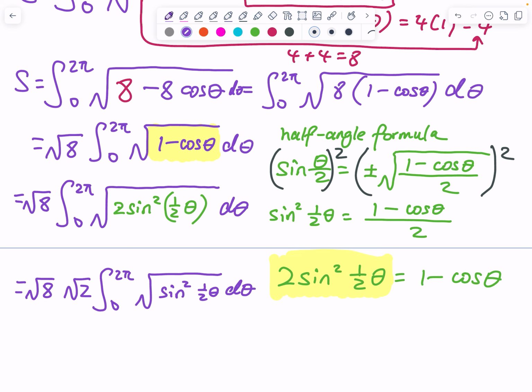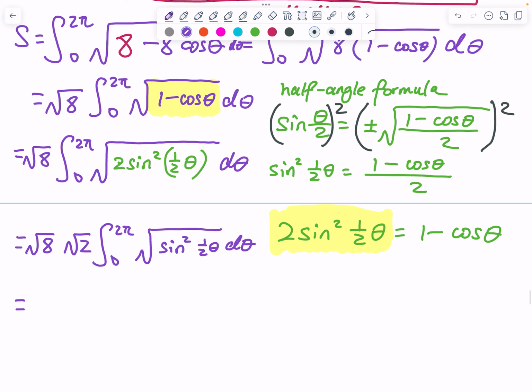The square root and the square cancel, and then this is square root of 16, integral from 0 to 2 pi of sine 1/2 theta. Okay, so now we can integrate this.